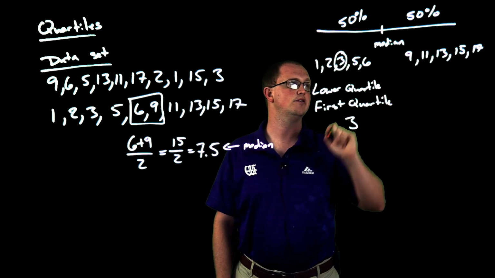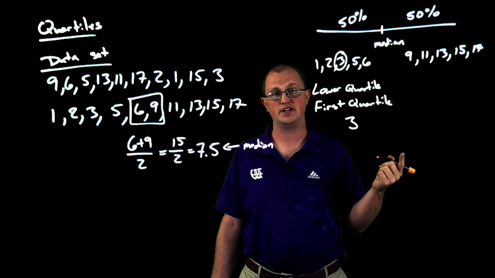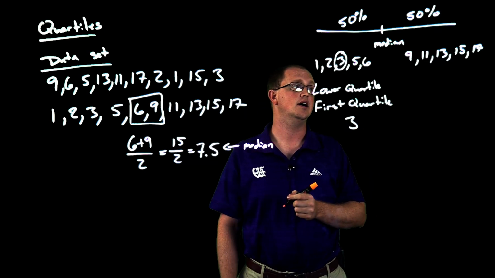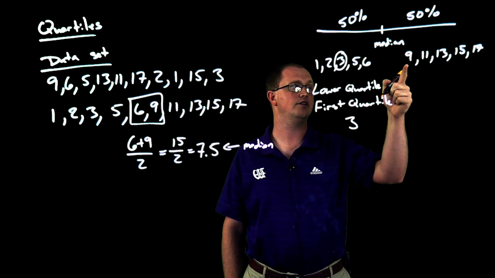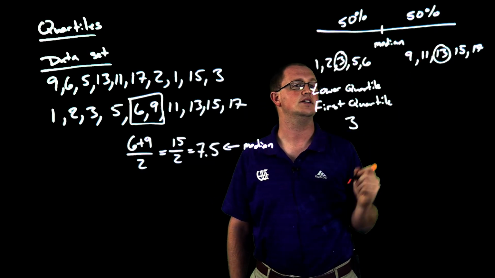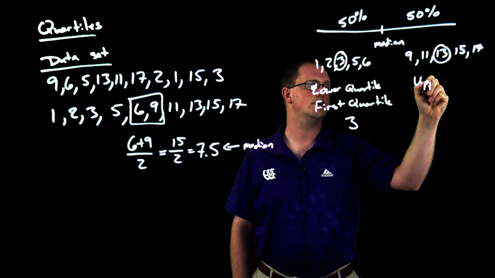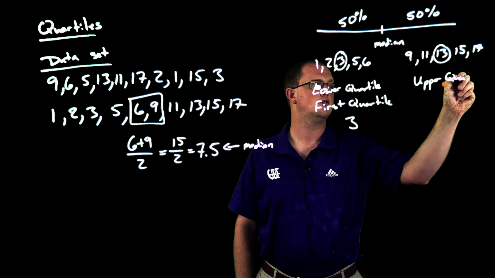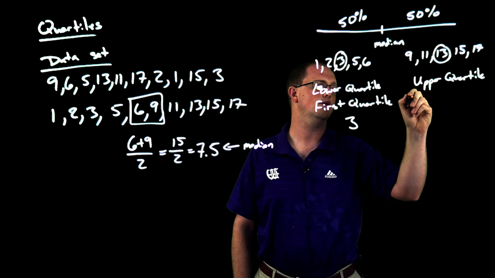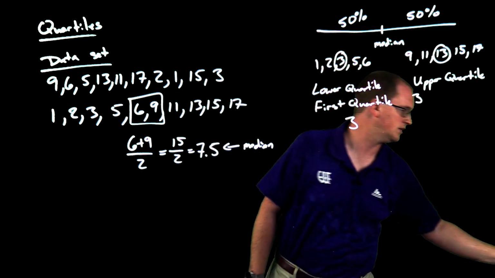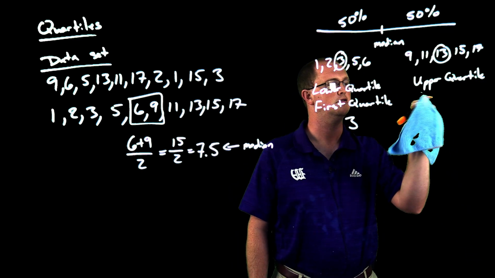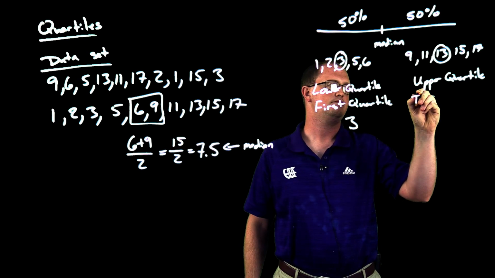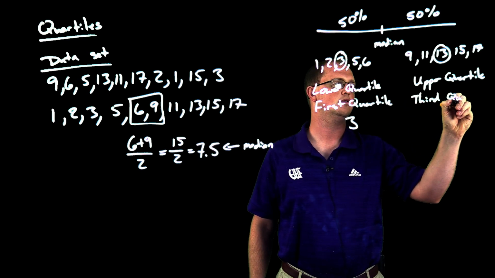For our upper 50%, we again have 5 data points. These should match. And in that case, the third value is 13. And so that's going to be our upper quartile, or third quartile.